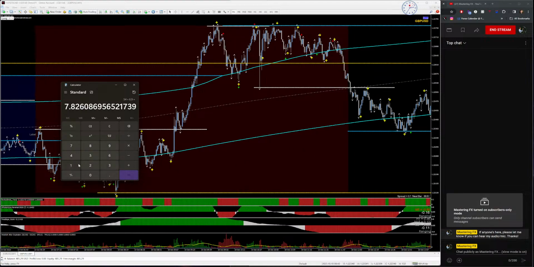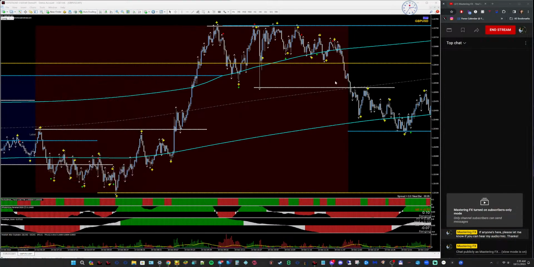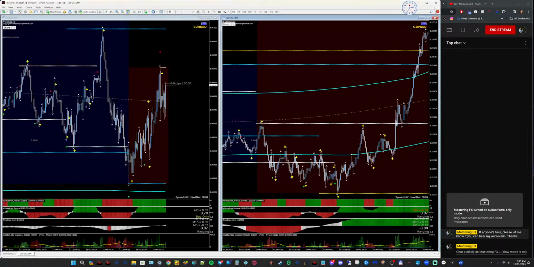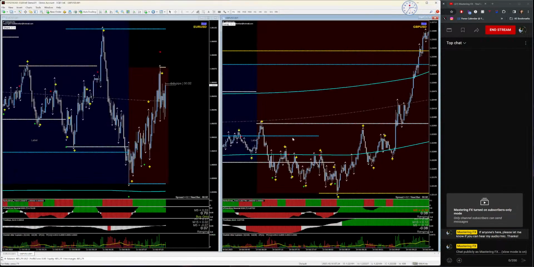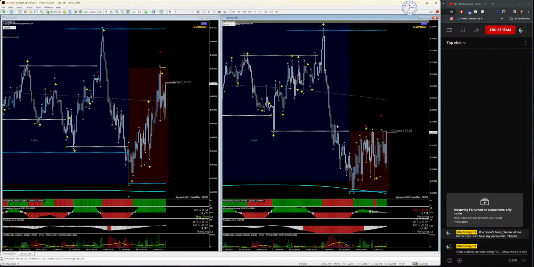So that's 10.8 plus 3, 10.82 divided by 2, 5.4, minus the loss, minus 1% on the loss. So we would have made 4.4 on GBP USD. So between both of them, you would have had a really good day, even with the loss.